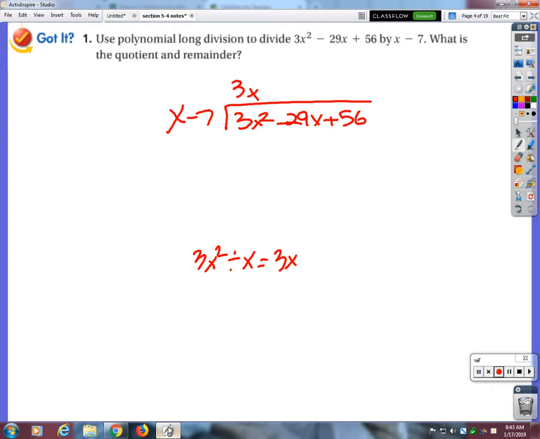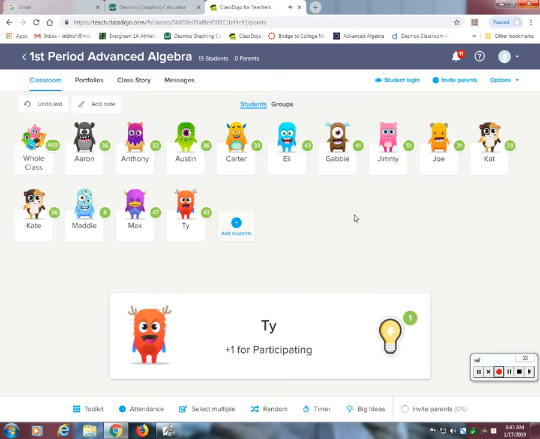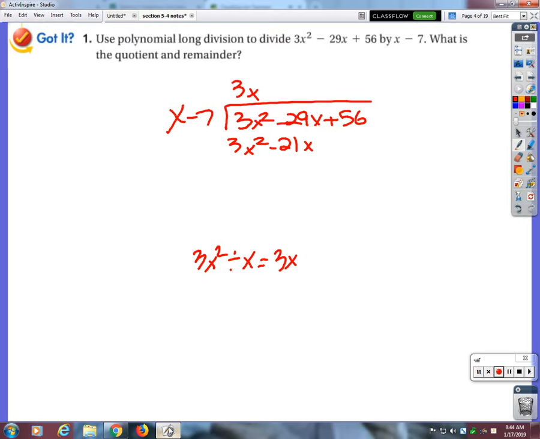Okay, you multiply, you distribute this right here to both of these things. So what's 3x times x? 3x squared, and then what's 3x times negative 7? Negative 21x, okay? So divide and then multiply. All right, well, we'll find out. Eli, what do we do now? Subtract.